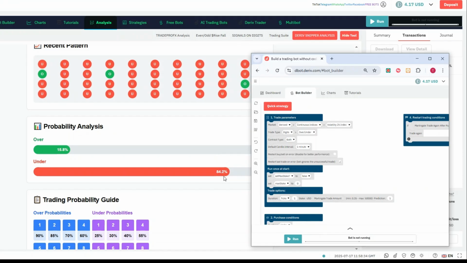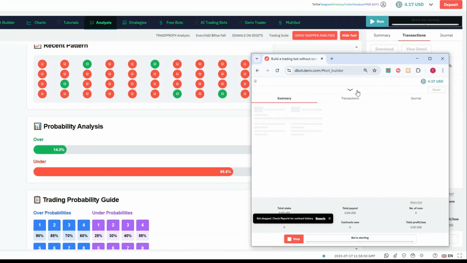It's 84.2. So you can see it's still not at the average part. And then remember, change it to under 7, because the under 7 is what is at 85%. And then you can run your bot. So let's run our bot and then wait.